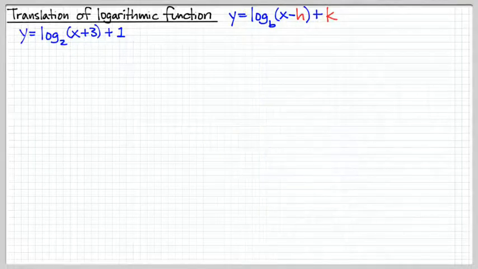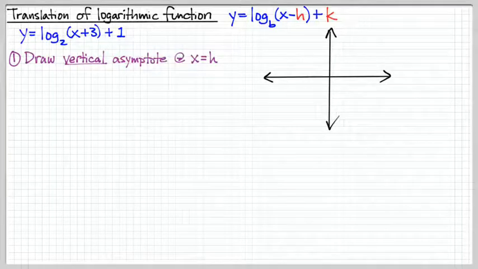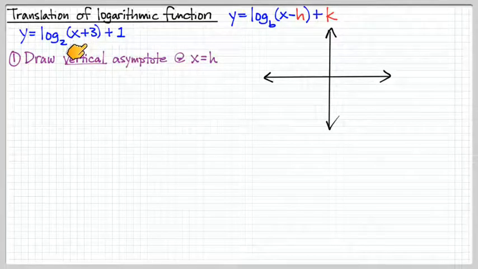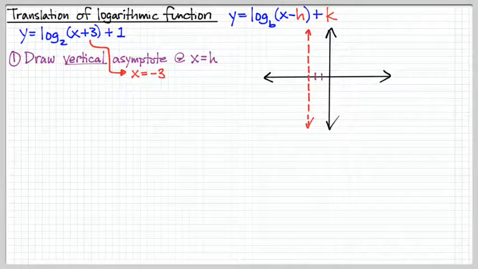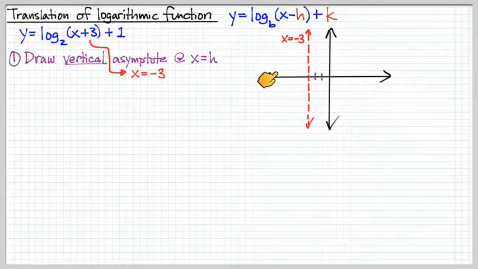So in this case, our vertical asymptote will be at x is equal to h, and in this particular case, h is negative 3. So we draw our asymptote at x is equal to negative 3. So this is different than the exponential graph, right? For the exponential graph, we looked at this k value because the horizontal asymptote moved up or down because of the k value.